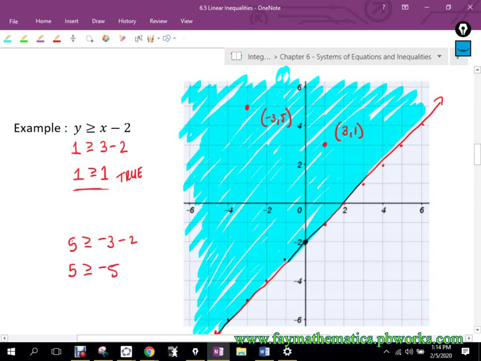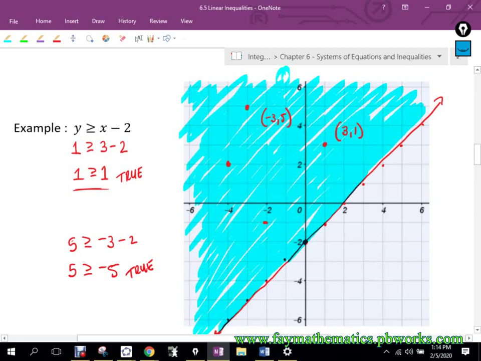Is 5 greater than or equal to -5? True or false? True. Any one of these points that I pluck out of here that is in the blue, when I plug it back into the inequality, I will get a true statement. That means that those are all solutions. So we have an infinite number of solutions. Does that make sense?